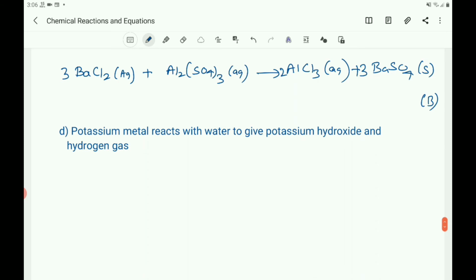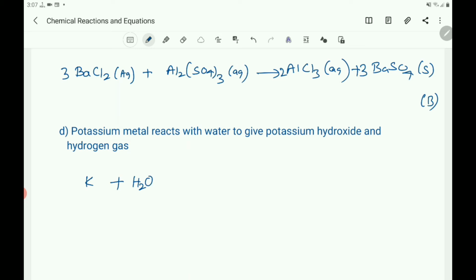Next, let us take the D. Potassium metal reacts with water to give potassium hydroxide and hydrogen. And what is the symbol of potassium? Symbol of potassium is K. Then you write K. It reacts with water. What is the molecular formula of water?